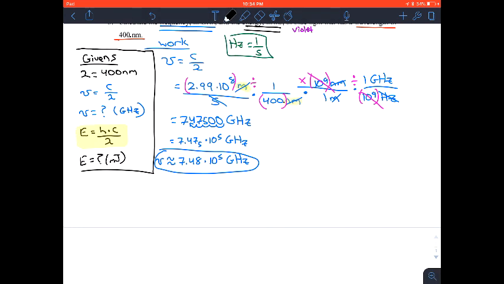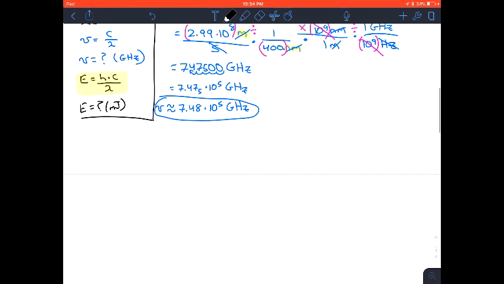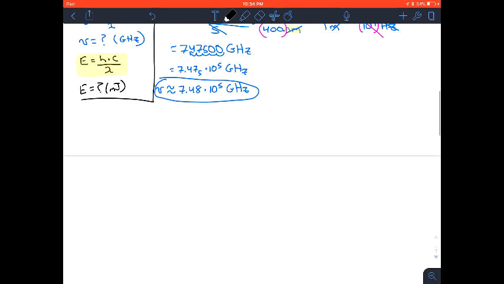Okay, so we have E equals h nu, which nu we're going to substitute as c over lambda.